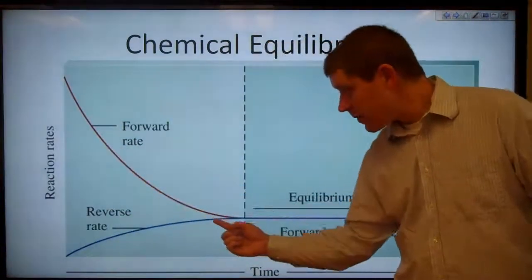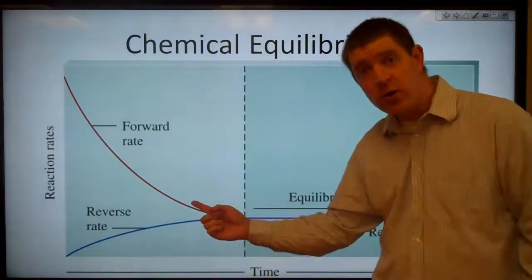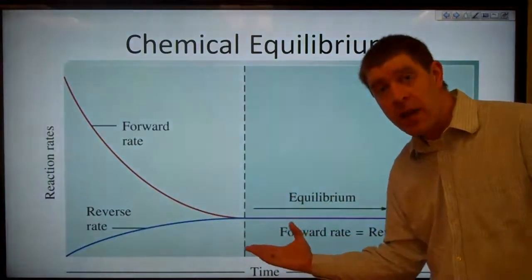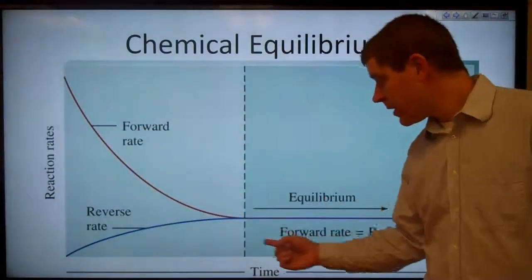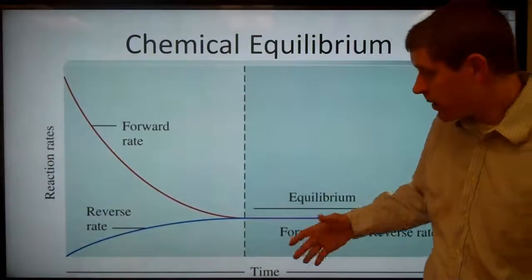As the forward reaction goes, our concentration of NO2 drops. That means our forward rate is decreasing. And if the reverse reaction never happens, then at some point the forward reaction rate reaches zero. It asymptotically approaches zero, at least.